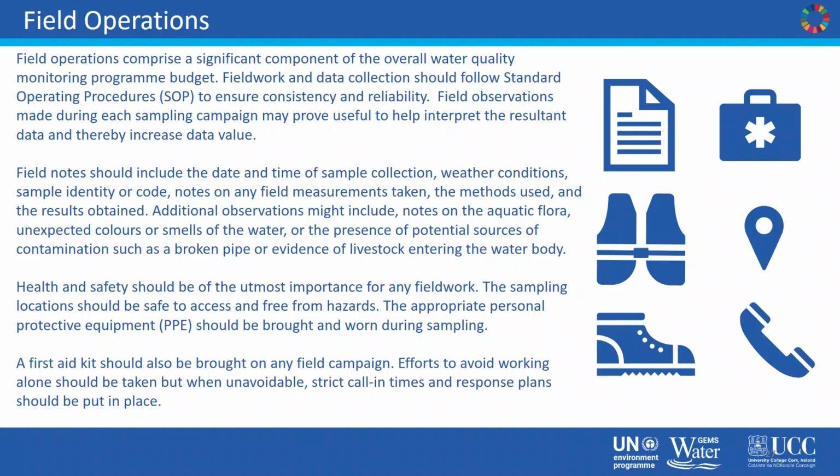The appropriate personal protective equipment should always be made available. It should be brought and used during any sampling campaign. And a first aid kit should always be taken along just for any minor emergencies. Efforts to avoid working alone should be taken, but when unavoidable, strict call-in times and response plans should be put in place.